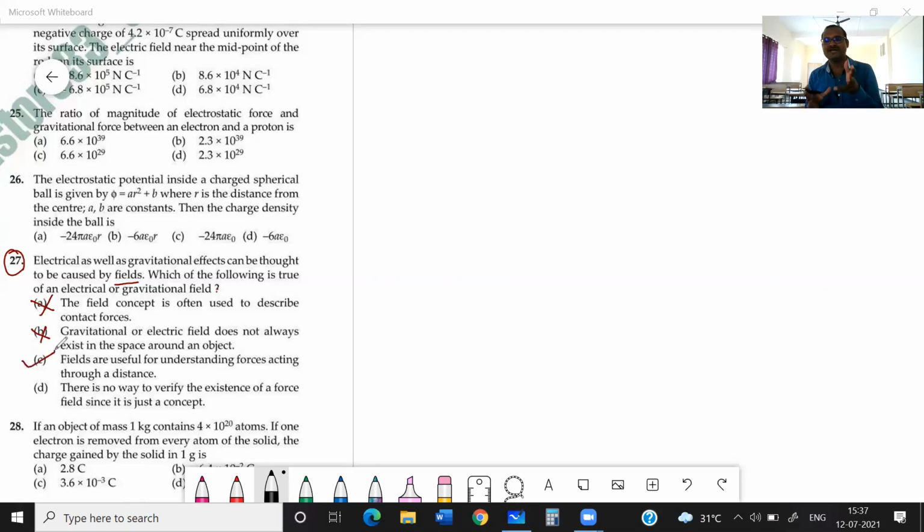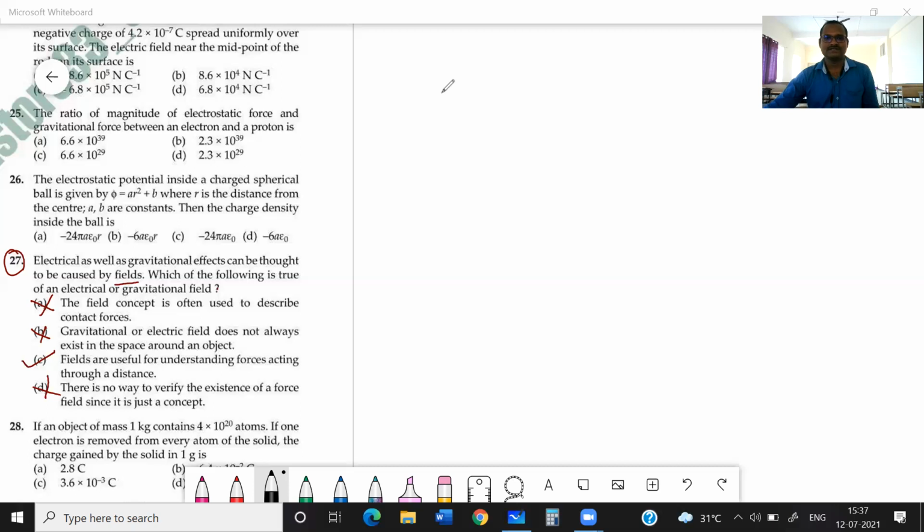These gravitational field and electrostatic field concepts are useful for understanding the force acting on charged particles and on massive objects. Option D, there is no way to verify the existence of force field since it is just a concept. No, we can verify the existence of field. So option C is the right answer. I hope you understand it correctly.